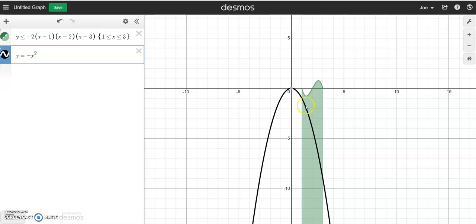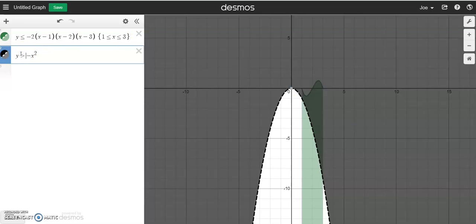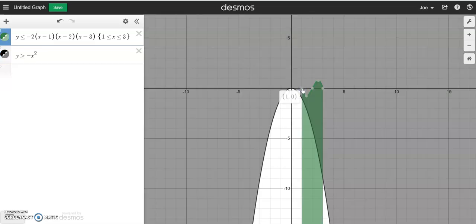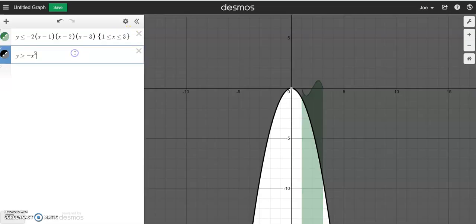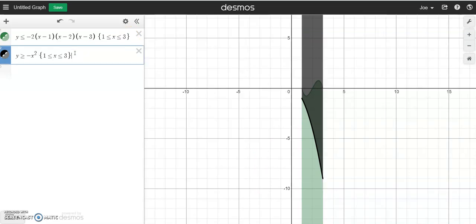Similarly, the area above our y equals negative x squared can be highlighted by changing our equation so it's now y is greater than or equal to negative x squared. And again, we want to restrict the domain so only the area between x is equal to 1 and x is equal to 3 is highlighted. We can do this simply by copying this and pasting it into our new function there.